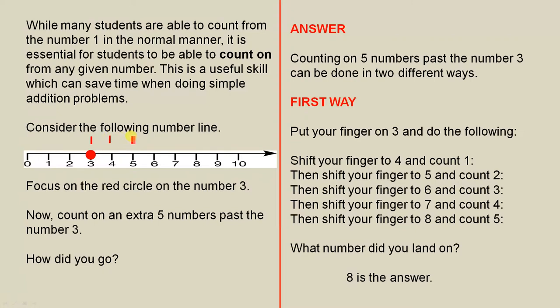Then shift your finger to 6 and count 3. Then shift your finger to 7 and count 4. Then shift your finger to 8 and count 5. What number did you land on? So 8 is the answer. So that's one possible way of doing this, using the number line.